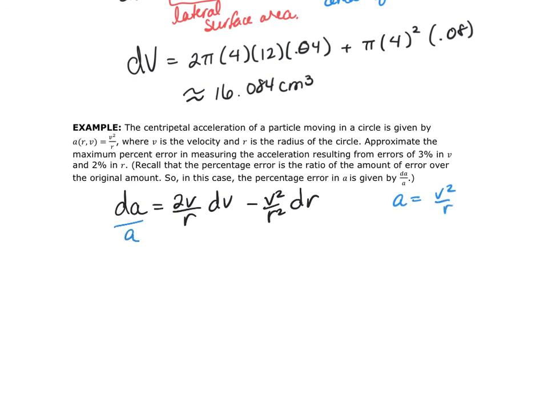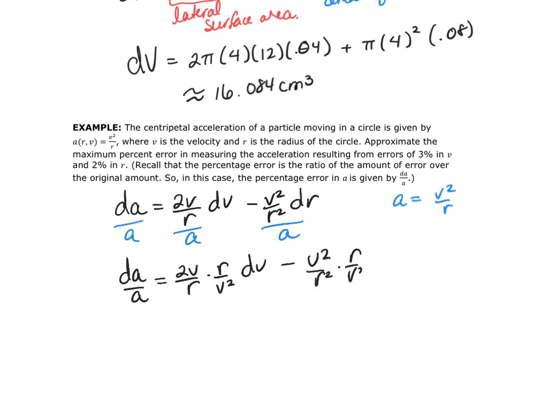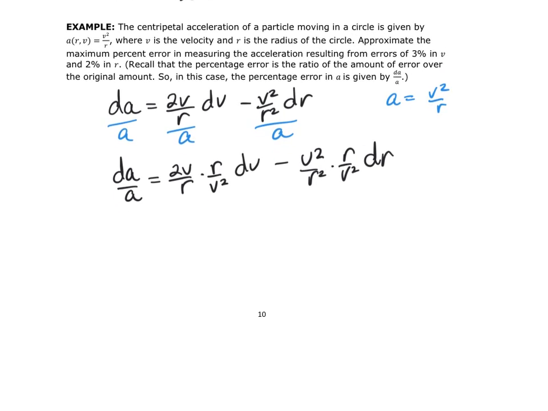If I divide this by A, divide this by A, and then divide this by A, I've got dA over A, which is equal to 2v over r, and then since I'm dividing by A, I'm multiplying by the reciprocal, which is r over v squared, dv, minus v squared over r squared, multiplied by the reciprocal, r over v squared, dr. So I end up with dA over A equal to, these cancel, that gives me just v, so 2 over v dv minus, and that gives me an r, those cancel, 1 over r dr.